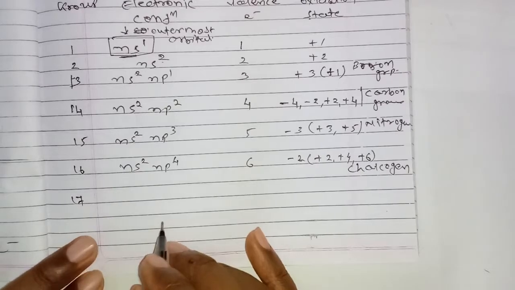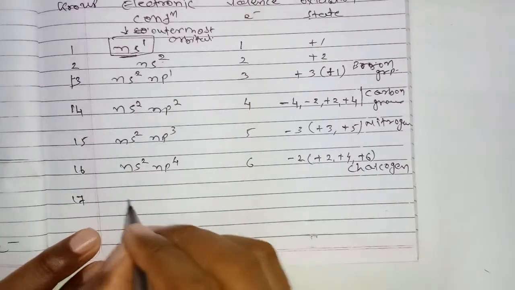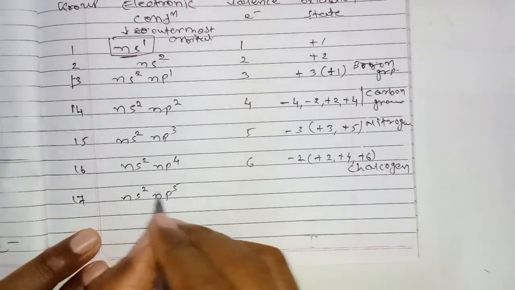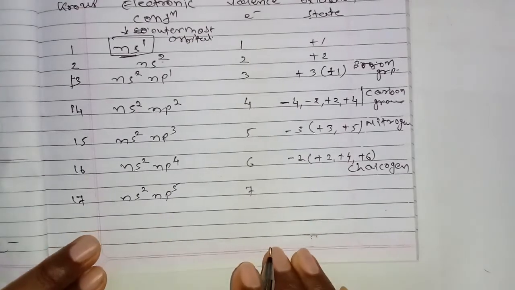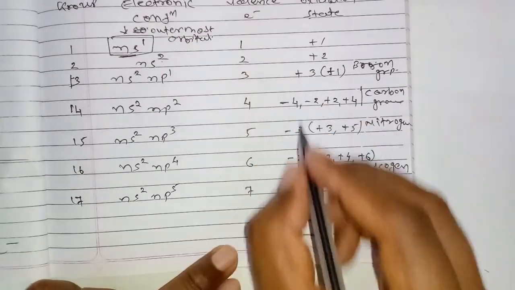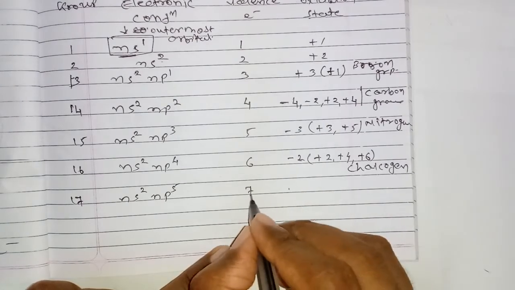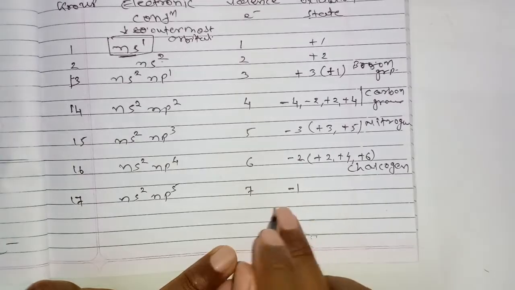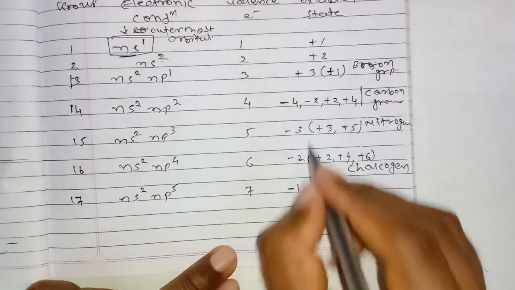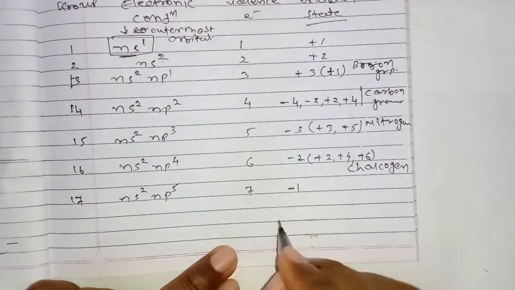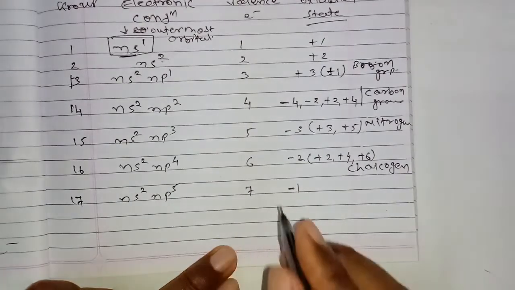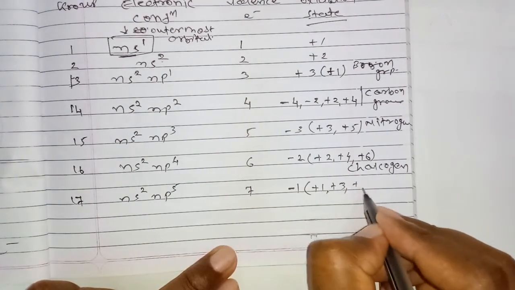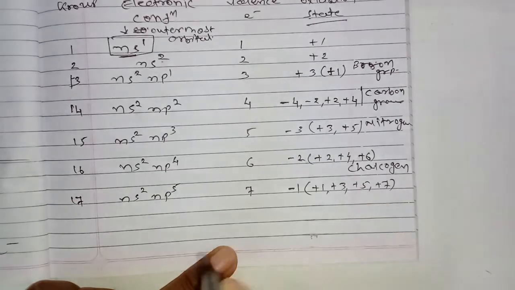Group 17 is the halogen group, ns2 np5, 7 electrons. It requires 1 electron, so it gains 1 electron. Its oxidation state or valency is minus 1, and also plus 1, plus 3, plus 5 and plus 7.